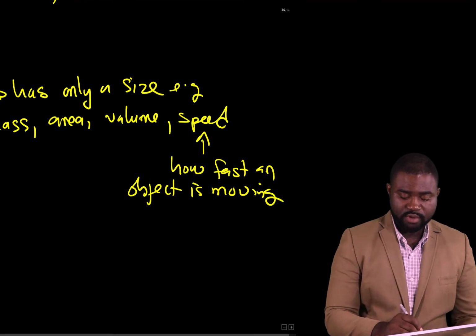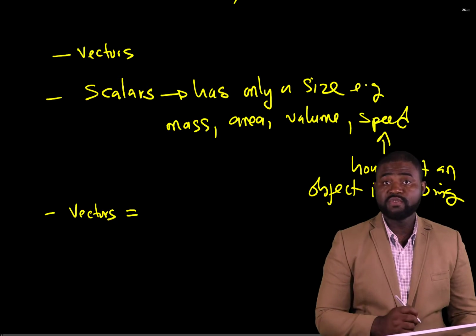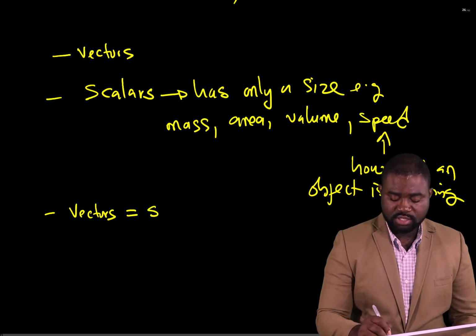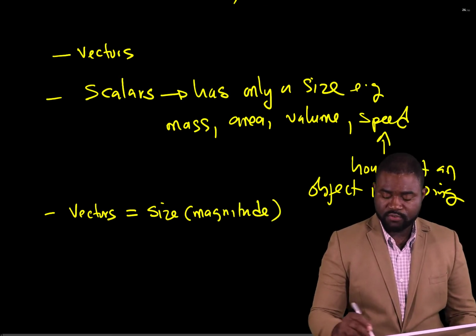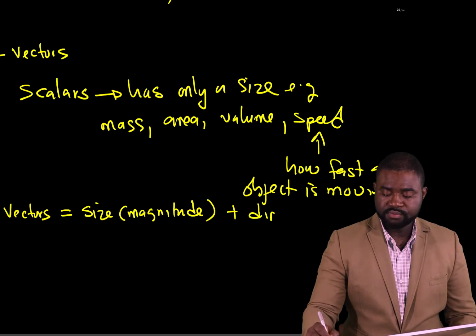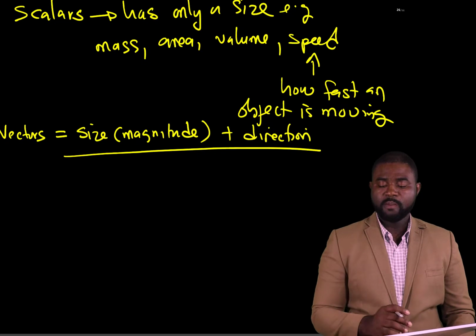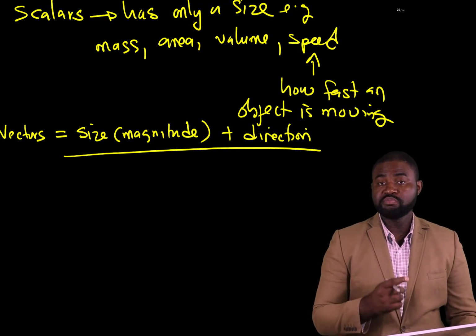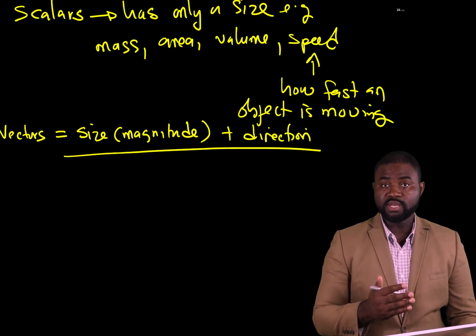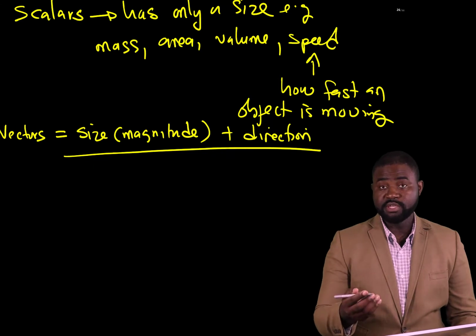On the other hand, vectors are quantities that have a size or magnitude plus a direction. Keep in mind that a vector is a physical quantity that has both a size and a direction associated to it. For example, displacement.